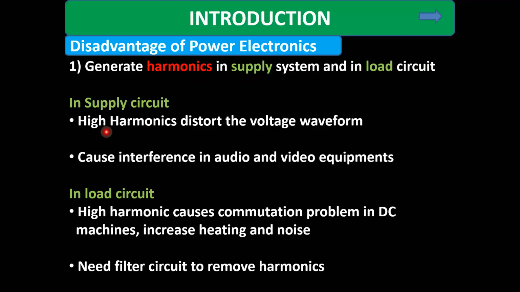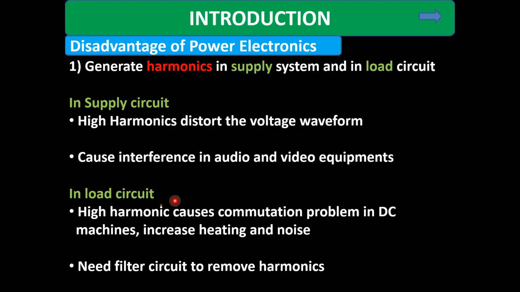So in the supply circuit, the high harmonics distort the overall voltage waveform as well as the current. And due to the high frequency of the harmonics present in the supply voltage or current, it interferes with the audio and video equipment connected near this power electronics module.